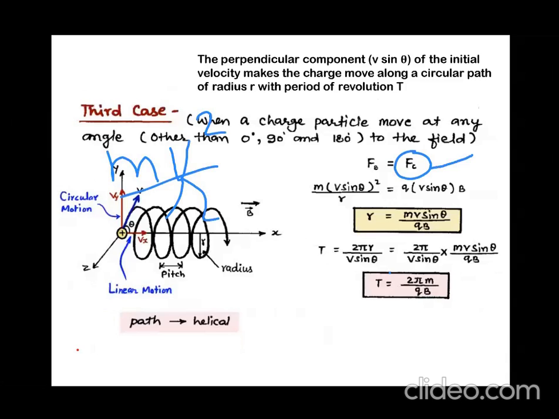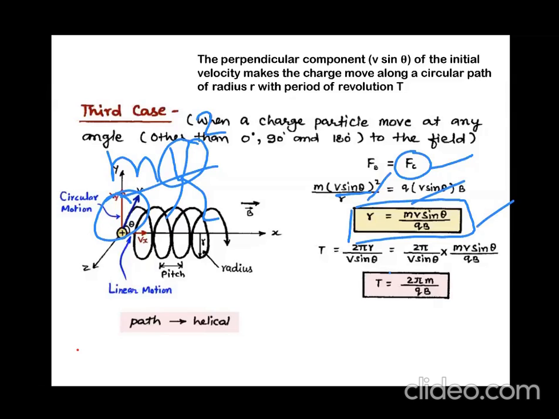Because of the y component, that is v sin theta. So instead of v, we are going to put v sin theta, right beta? If you put these values, then you can make r the subject of the formula. Sine theta will get cancelled, and if you make r the subject, it will be mv sin theta upon qB. This is the radius of the helical path.